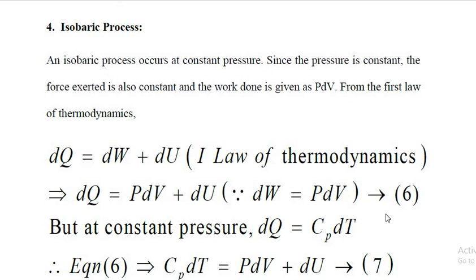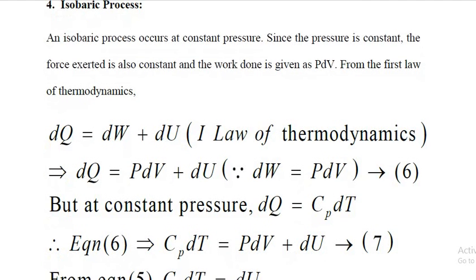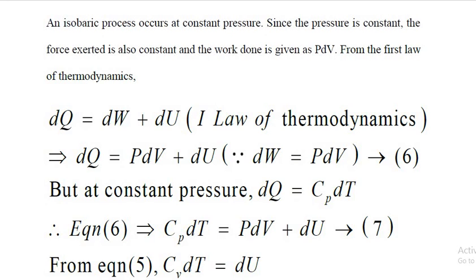Substituting P into dV for dw, dq is equal to P dV plus du. But at constant pressure, dq is equal to Cp dt. In the isochoric process, where volume is constant, dq is equal to Cv dt, but here it is Cp dt. So substituting in equation 6, we get Cp dt is equal to P dV plus du.